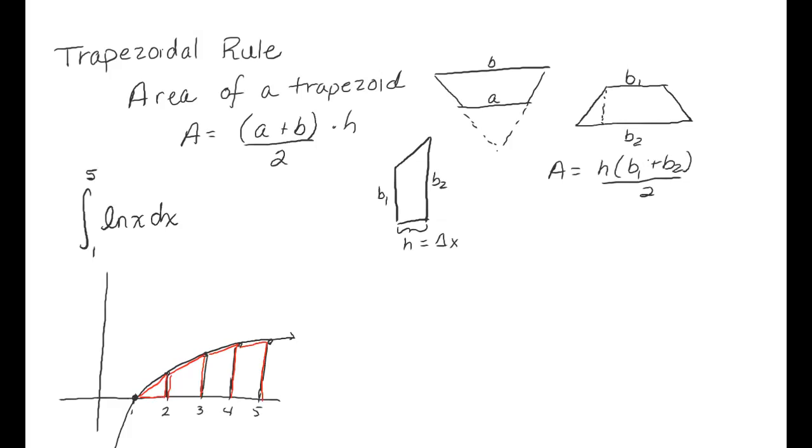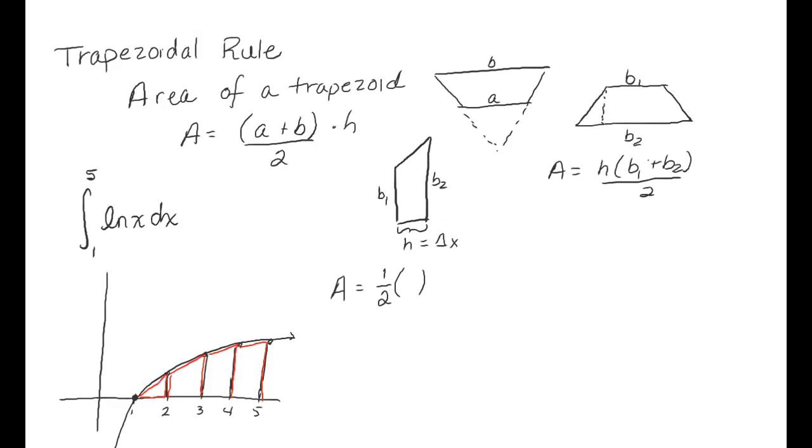So we have 4 trapezoids, and if we want to compute the area, we're just going to add all of the areas of the trapezoids. So it's going to look a little messy at first, but then we're going to clean it up quite a bit. All right, so I'm going to start with the first one. We've got a 1/2 times the height.